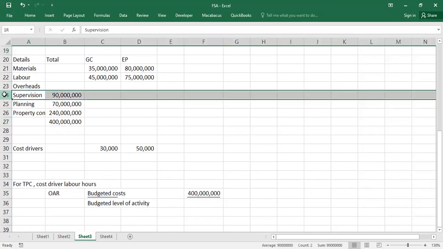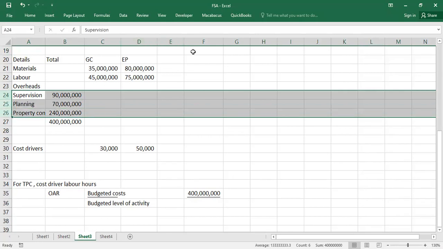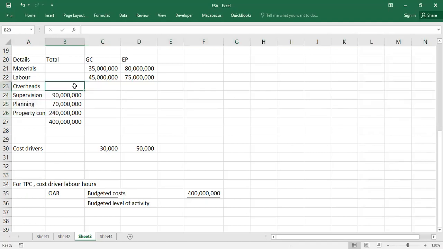They said, you know what? Since they are going to be the same, and they're not going to ask you how much you gave of planning to GC and EP, or of supervision to GC and EP. That is if they don't ask, but I doubt. So you always use the total, which is 400,000.